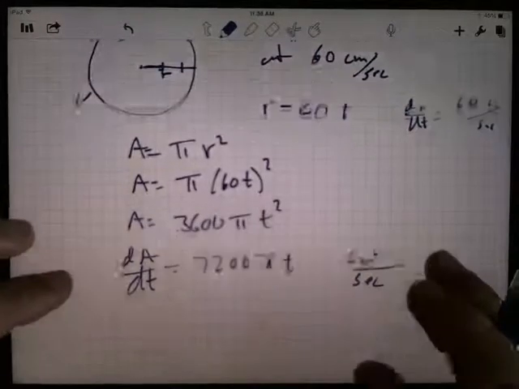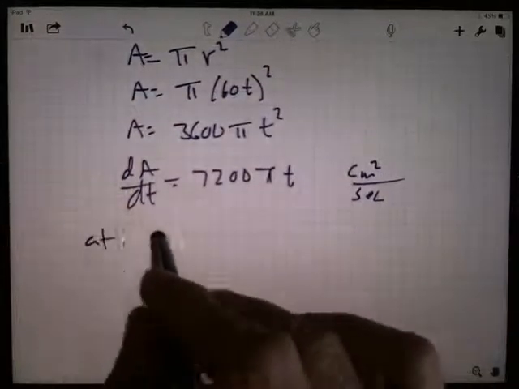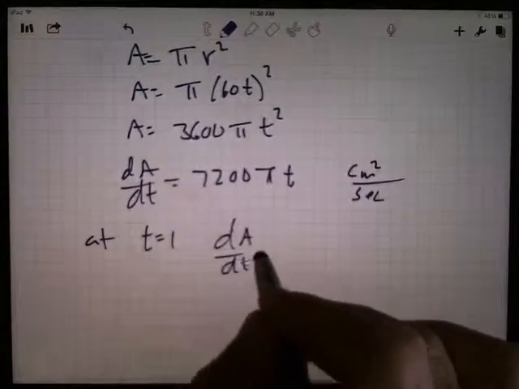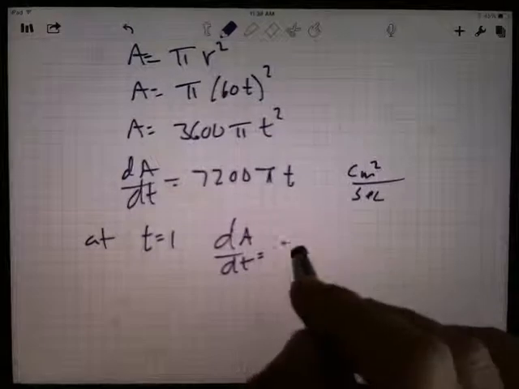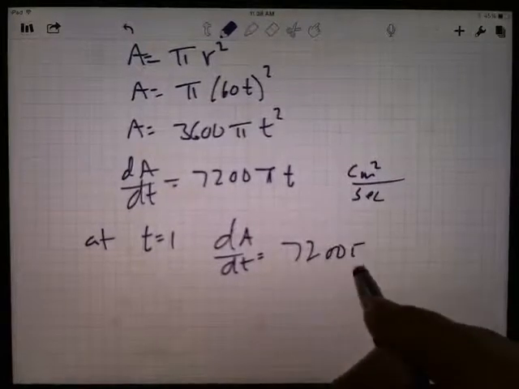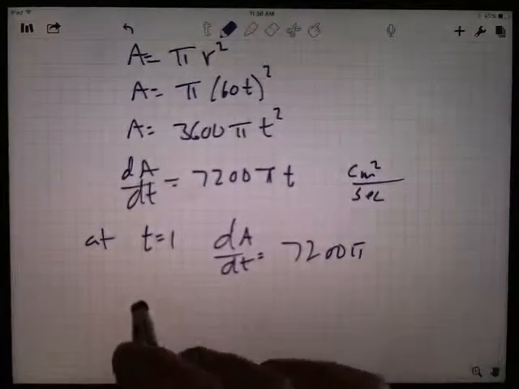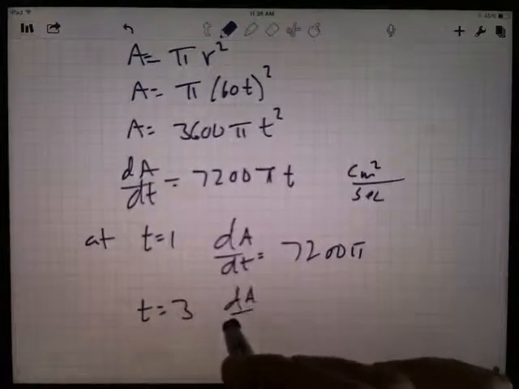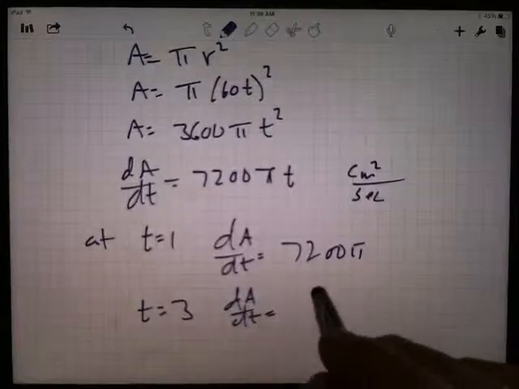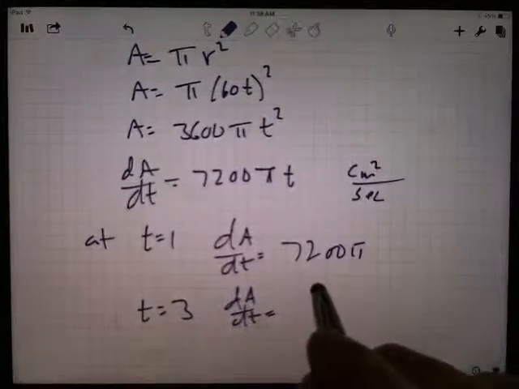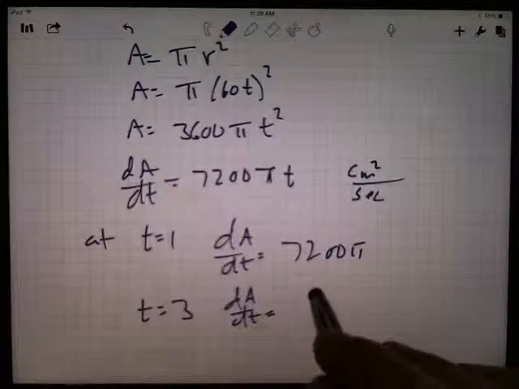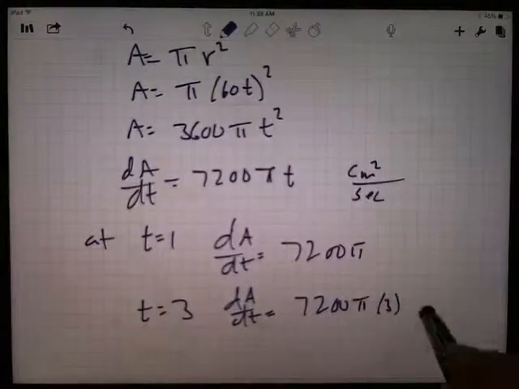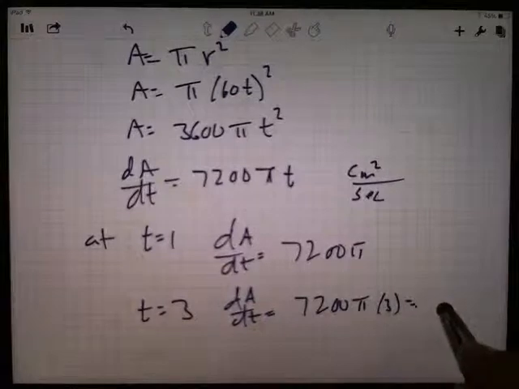They asked me about 3 different times. At t equals 1, dA/dt is, just plug a 1 in there, 7200 pi times 1. When t equals 3, dA/dt is 7200 pi times 3, which is substantially bigger than that, right?